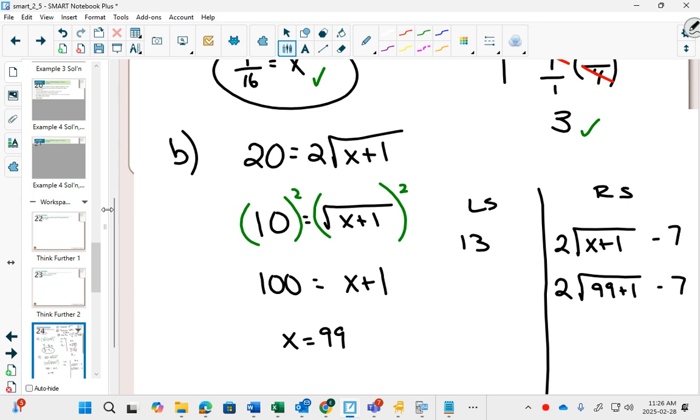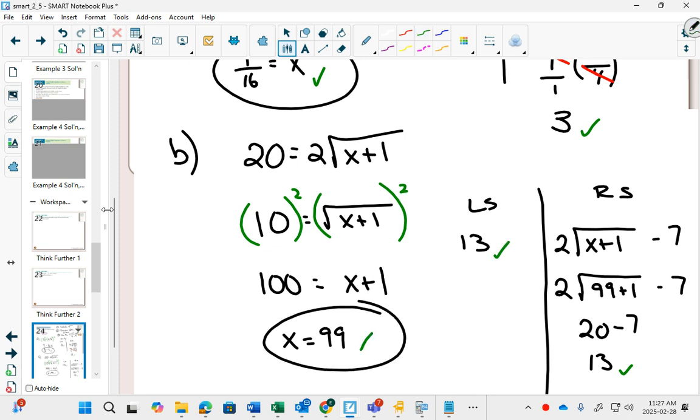Square root of 100 is 10. 10 times 2 is 20. Minus 7 is 13. Check, check, check. So x equals 99 is the right answer. So try questions 4, 5, and 6 for a little bit right now.